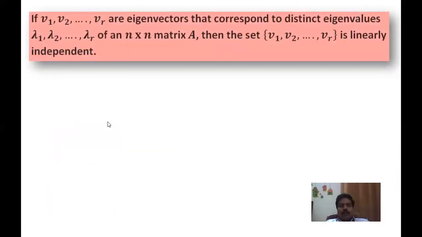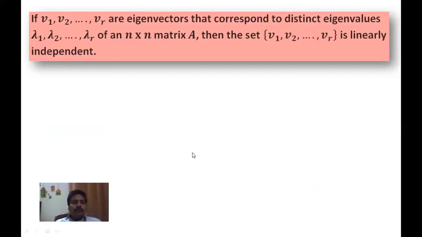So let us prove one more interesting statement. If v1, v2 and so on vr are eigenvectors that correspond to distinct eigenvalues lambda 1, lambda 2 and so on lambda r of an n by n matrix A, then the set v1, v2 and so on vr is linearly independent.